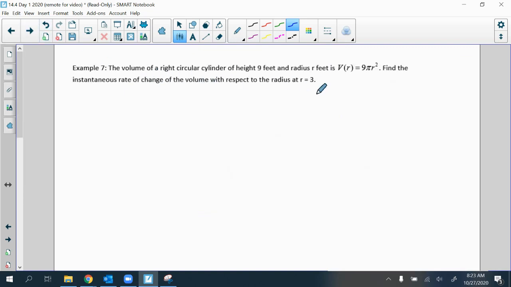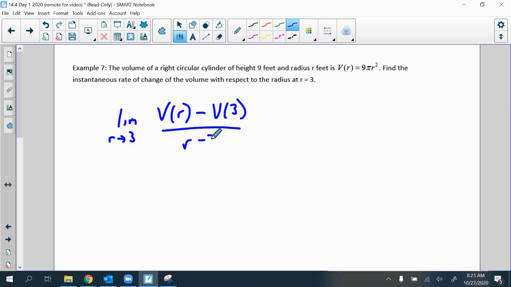The volume of a right circular cylinder of height 9 feet and radius r feet is volume equals 9 pi r squared. Find the instantaneous rate of change of the volume with respect to the radius at r equals 3. So what I will do is I have this v of r, so I need to take the limit as r approaches 3 of v of r minus v of 3 over r minus 3.